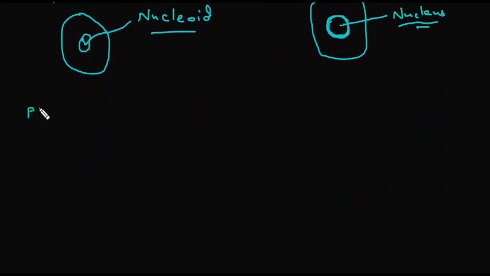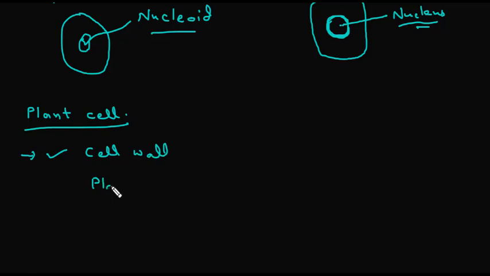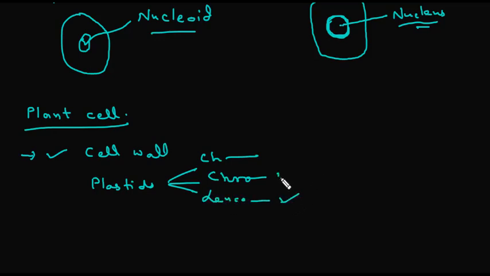If I talk about the plant cell, obviously this is a very simple question which I am taking. Cell wall is present in the plant cell. Plastids are also present. Plastid contain three things, if you remember that I told you: chloroplast, chromoplast, and last is the leucoplast, which is helpful in storage.